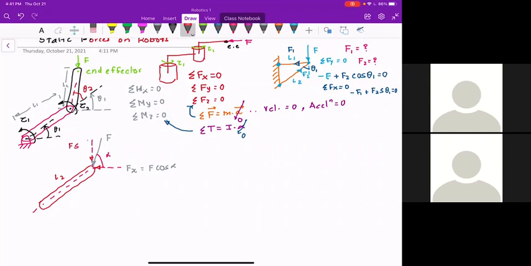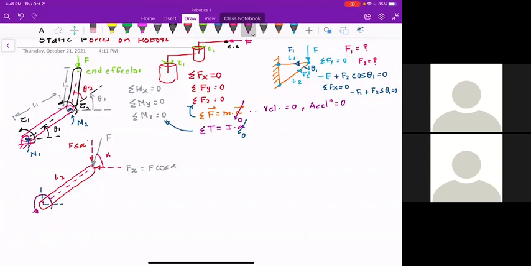And then what we are going to do is find out the moment given by this force about the hinge joint. So please note, this is the hinge joint denoted by M2. This is the hinge joint denoted by M1. And then there is nowhere else to apply the torque.